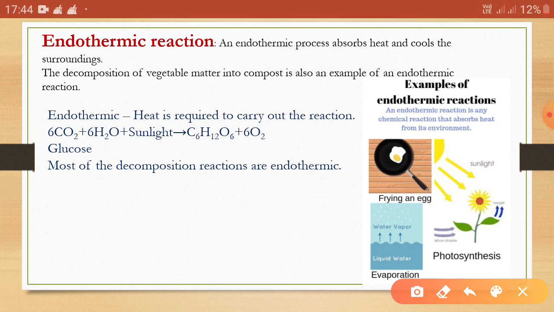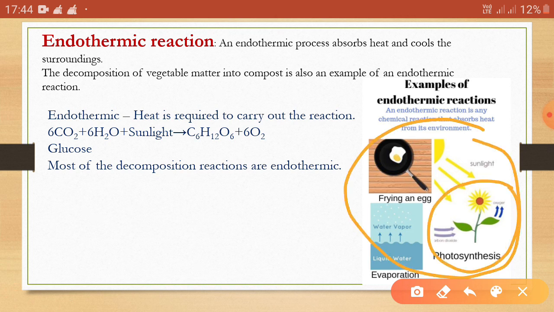Endothermic reaction. What is an endothermic reaction? Any process that cools the surroundings and absorbs heat is known as an endothermic reaction. In the photosynthesis process, the green plant absorbs heat to make glucose, so it is an example of an endothermic reaction.